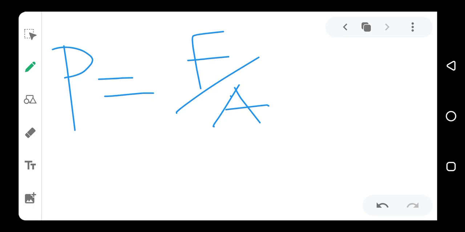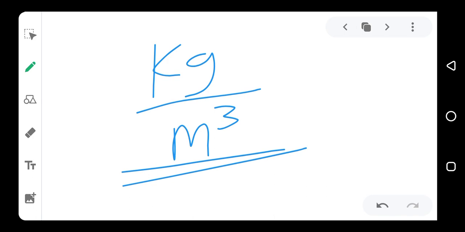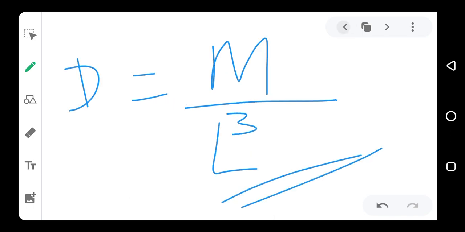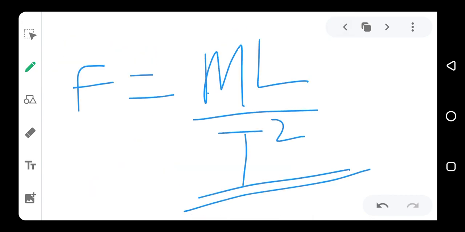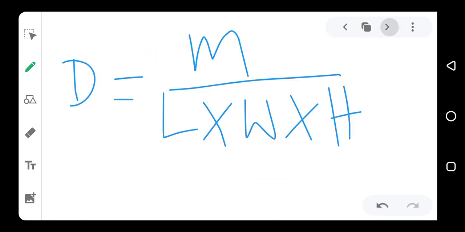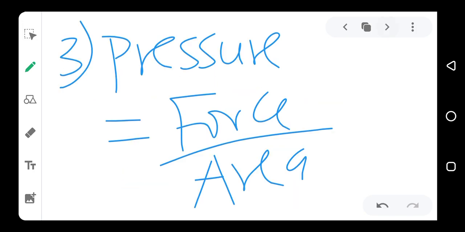We have gotten our force. The first one we solved as ML over T squared. That is the dimension for force. So we just carry this and replace F, and then we look for the dimension of the second one, which is area.